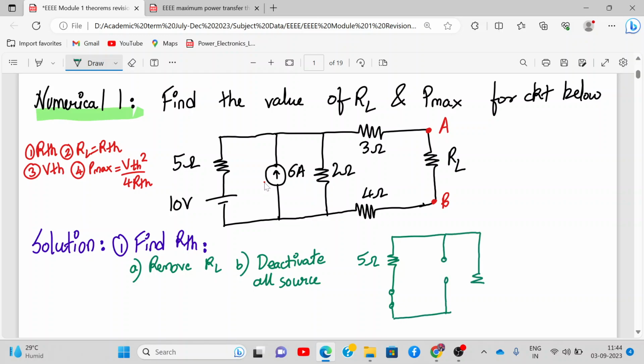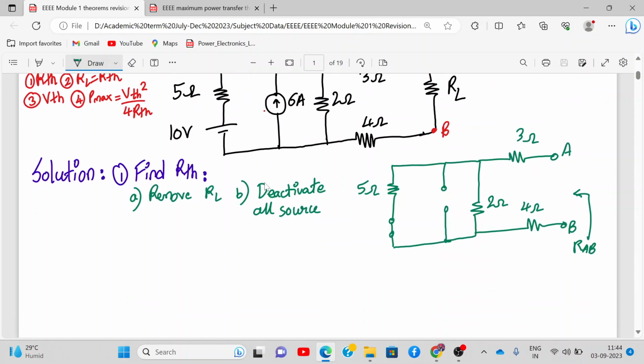Then we have 2 ohm over here, 3 ohm and 4 ohm. And this is A and B. Okay, this is 3 ohm, this is 4 ohm, and we need to find RAB, resistance between terminals A and B. Now tell me, I hope you are writing also along with me.